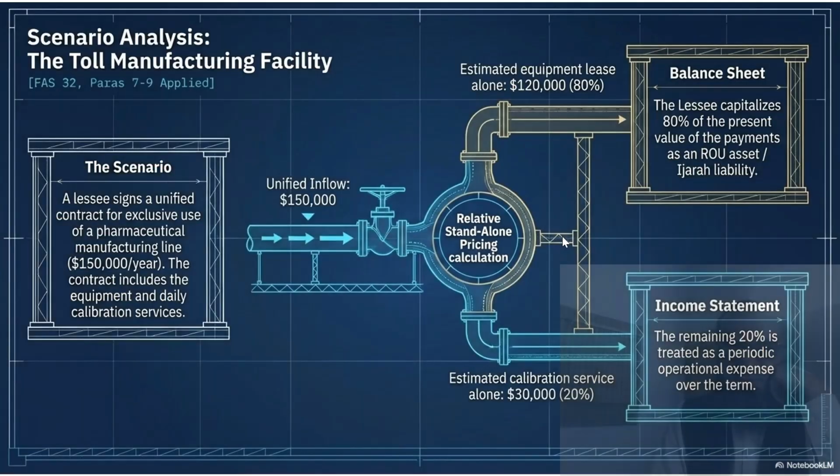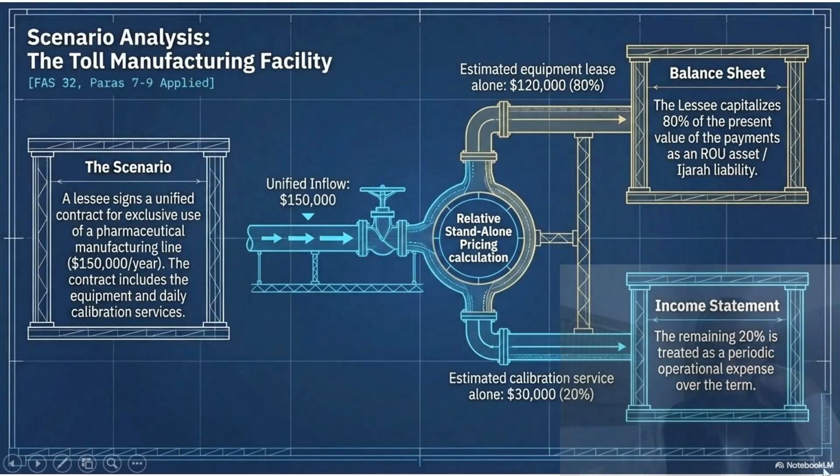Here is another example of how we apply the separation rule, again generated by NotebookLM. There is a package contract of $150,000 in which there is an Ijara component as well as daily calibration services. So we need to decompose this. The decomposition has to come up with the standalone market prices.